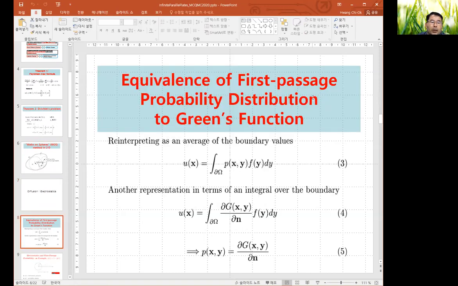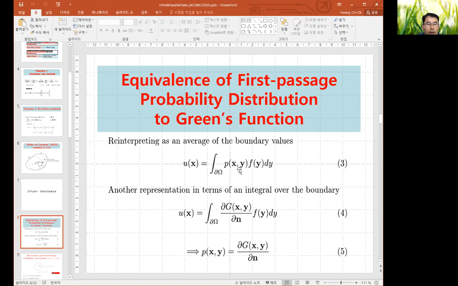So there is an equivalence between the first passage probability distribution and the Green's function of the Laplacian electrostatic problem. Here, u of x is expressed as the boundary integration according to the first passage probability distribution P.